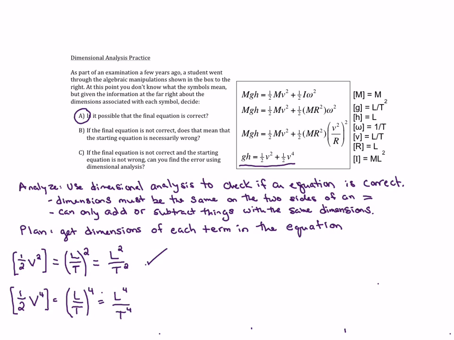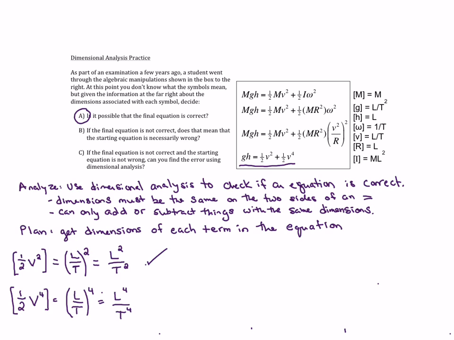Now these two are definitely not the same dimensions, right? Length squared over time squared, that'd be meter squared per second squared, for instance. Not the same thing as length to the fourth over time to the fourth, something like meters to the fourth over seconds to the fourth. So we definitely have a problem here.